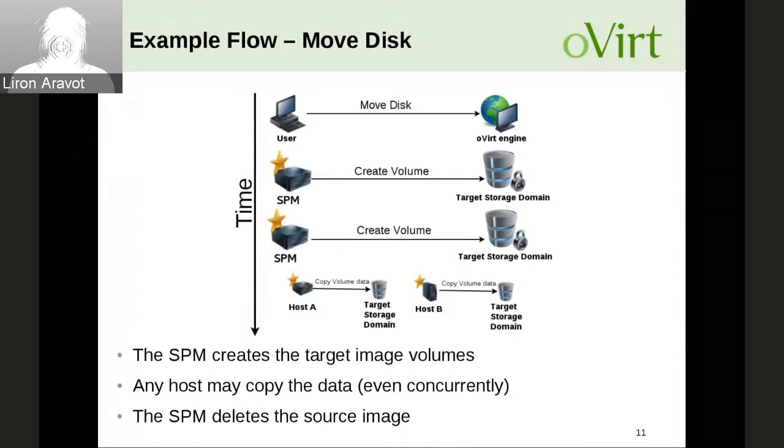You can see it on the bottom line in the drawing, that host A copies one of the volumes' data to the target domain, and host B copies the other volume's data to the target domain. So we can see that each host can perform the copy after the storage entity is created, and the SPM deletes the source image as before.